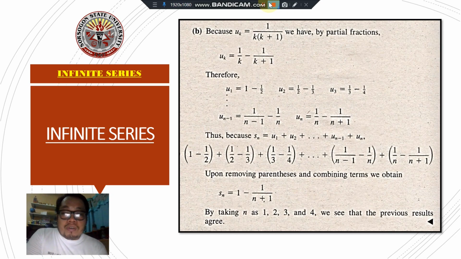Okay, so we are done with the second task, and that is to find the formula for S of n in terms of n.